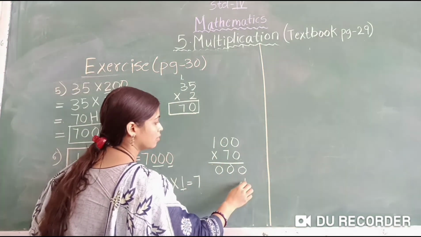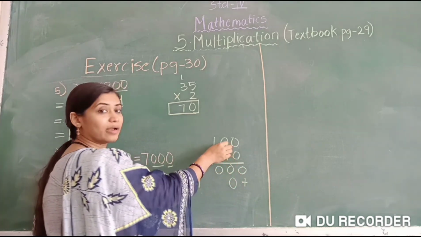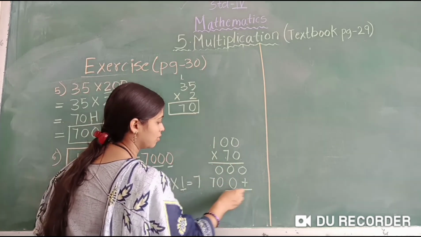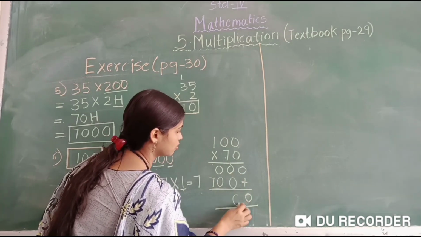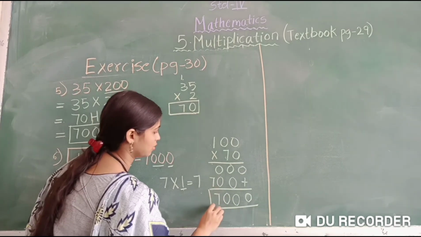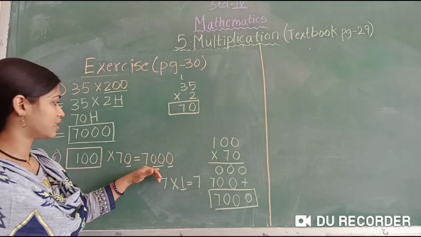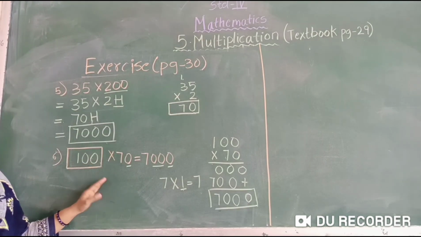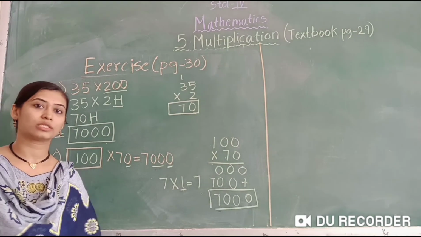Next, 7 zeros are 0, 7 multiplied by 0 is 0, and 7 ones are 7. 0 goes as it is, 0, 0, 0 plus 0, 0, and 7 as it is. See, we have got the same answer. Therefore, 100 is correct.